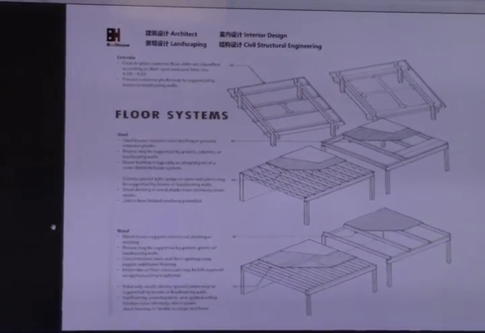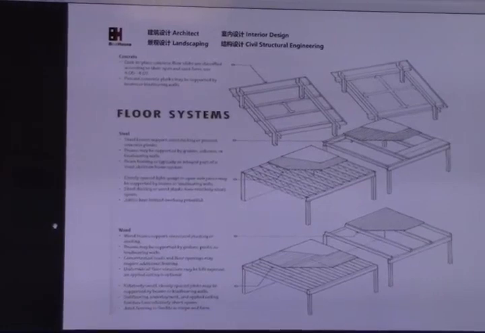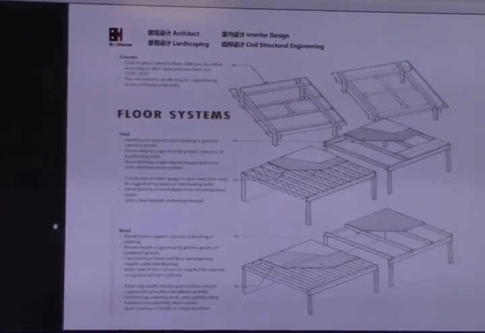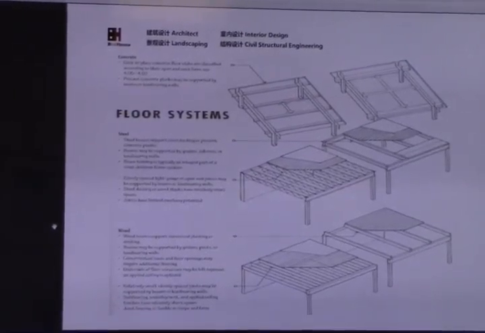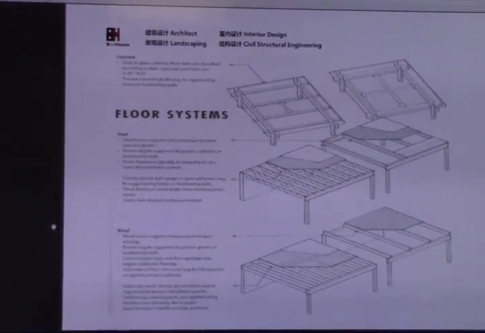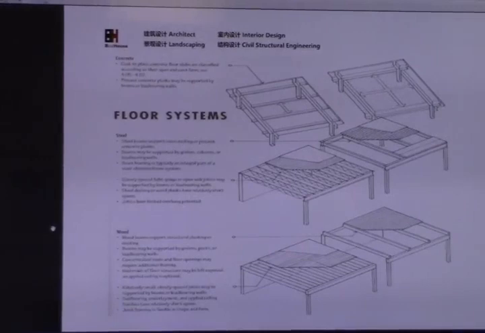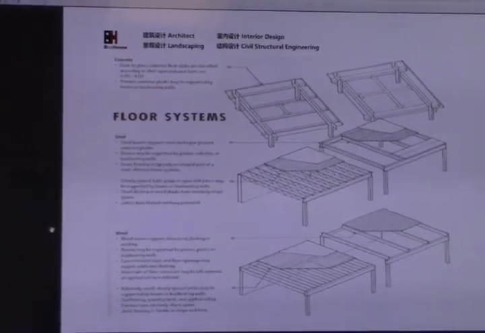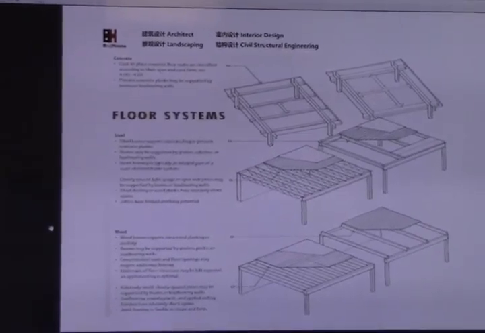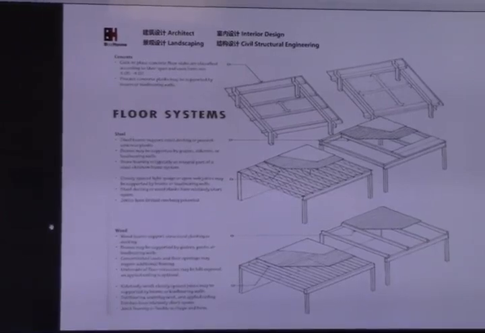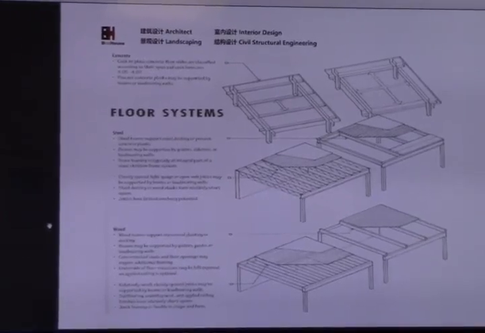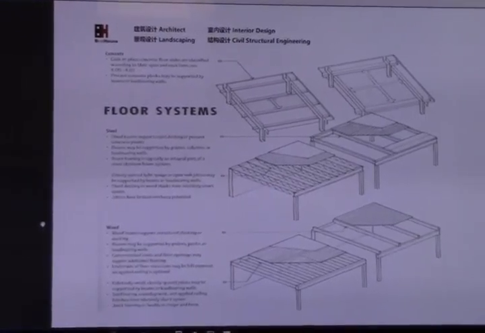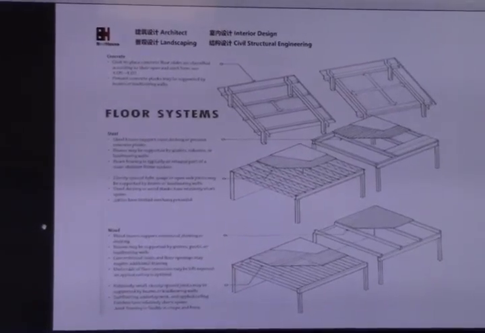TGI is a floor, the wood flooring. There's the concrete reinforced slab, the flooring, right? This is the concrete flooring. There's also steel open web joist sitting on the column or the wall.